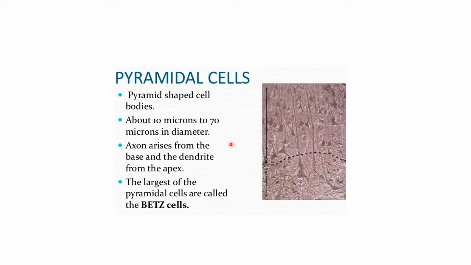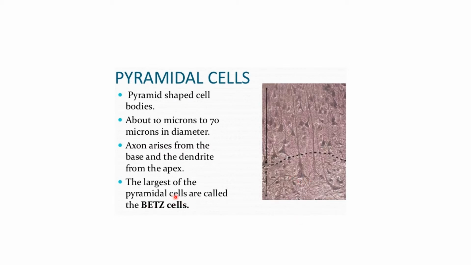The pyramidal cells are pyramidal in shape, as the name suggests. They have a base and the apex. They are the largest of the neurons present in the cerebrum, around 70 microns in diameter. From the apex arises the dendrite, and from the base we have the axon.